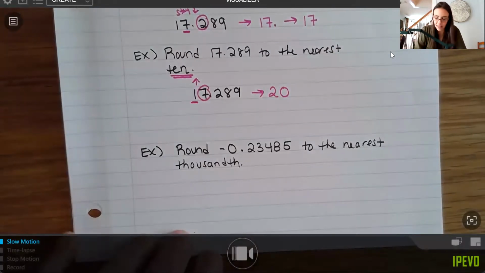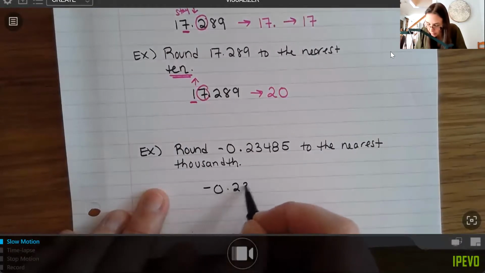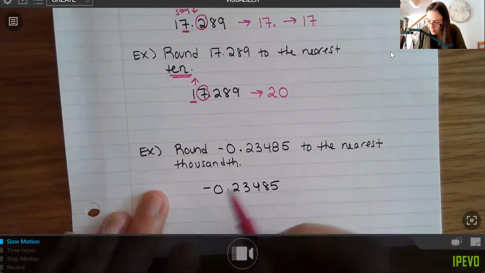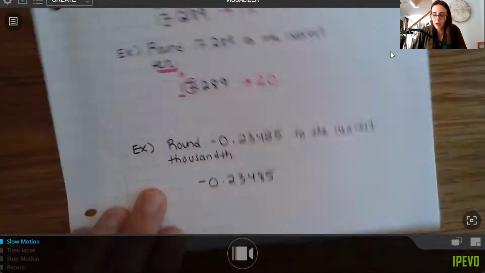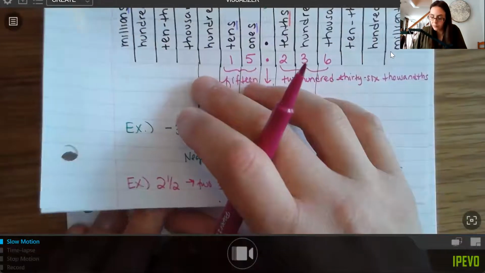And we're going to round to the nearest thousandths. Now, that negative when you're rounding is not going to make any difference at all. So the thousandths position is 3 spots out. Again, get out your place value chart if you need to. So we're going 1, 2, 3 spots out.